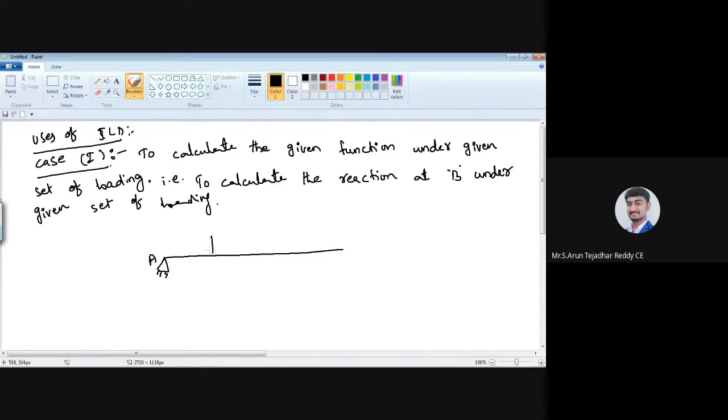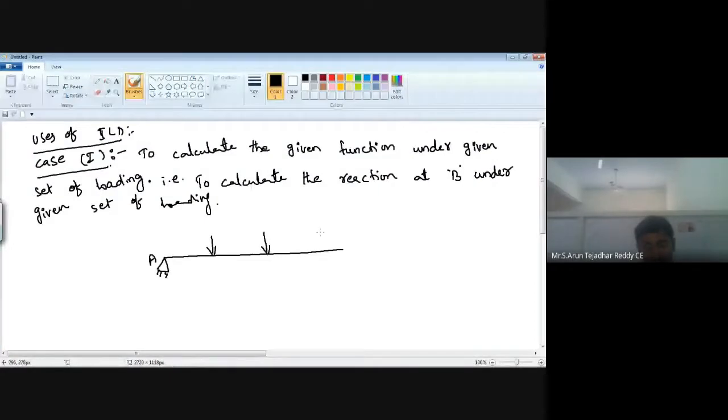Here one load is acting, here also one load, and here also one load. Under the loads we have points C, D, E. Point C has a 100 kilonewton load, point D has a 50 kilonewton load, point E has a 200 kilonewton load.